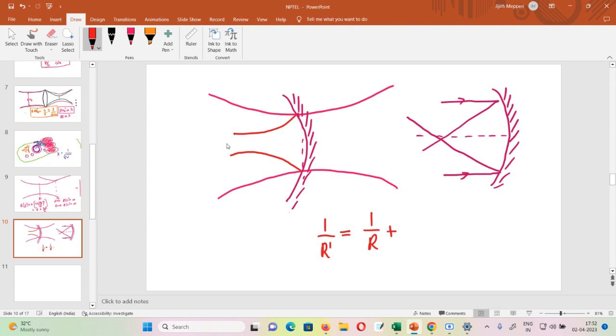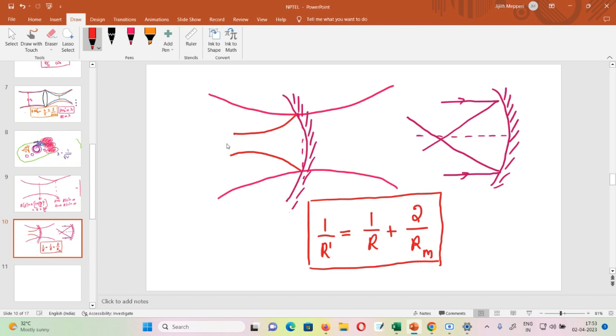This is the equation of a Gaussian beam transformed by a mirror. So the first question we answered: you understood what the nature of our beam after reflection is. It will get focused.